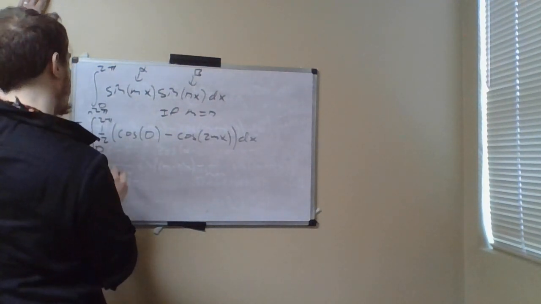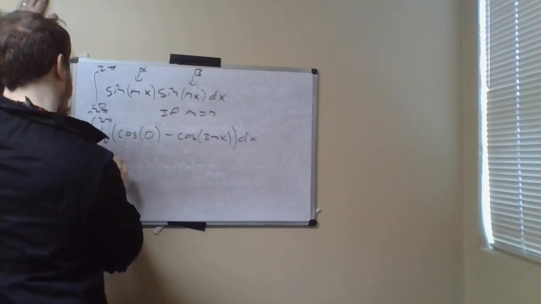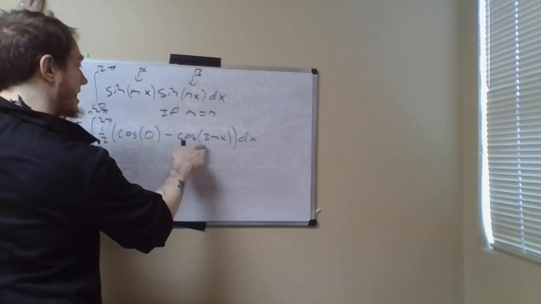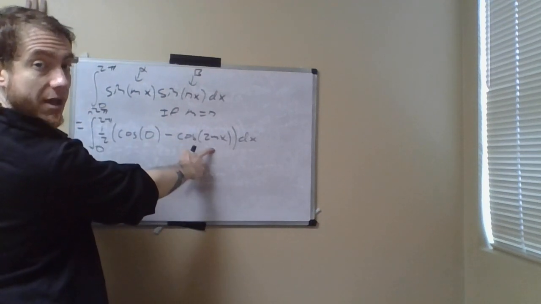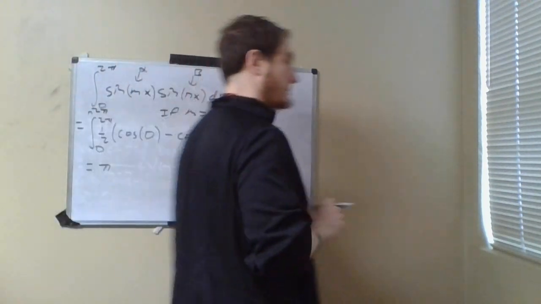So this is going to end up being the integral of 1/2 from 0 to 2 pi is just going to be pi, and then this integral is still going to come out to be 0 just like we had before. So this integral comes out to be pi.